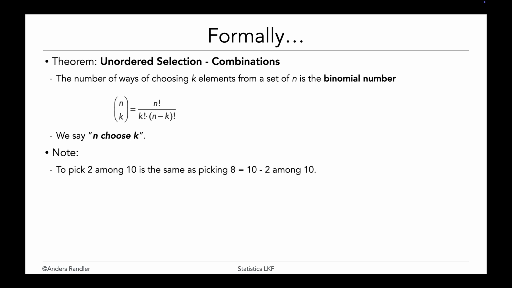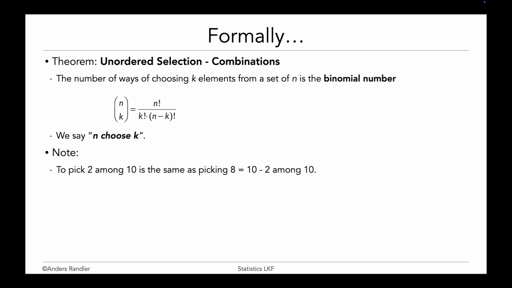And you should note that to pick 2 among 10 is the same as to pick 8 among 10. Why? Well, because when you pick 2 out of 10, what you actually do is you're dividing this pile of 10 into 2 piles. And if you pick out 2 or pick out 8, which is the rest, doesn't matter.